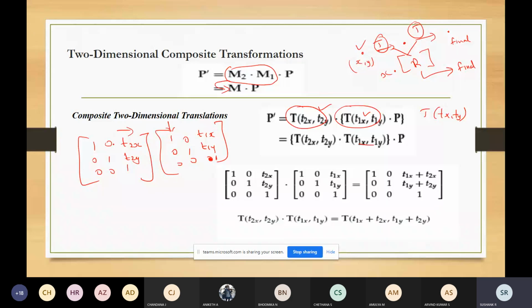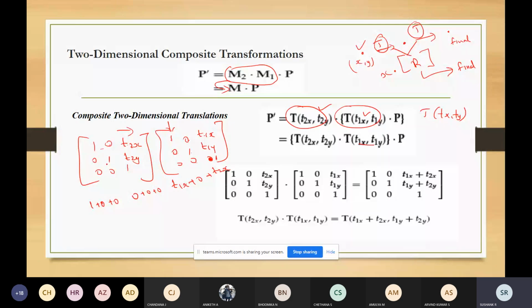1 into 1, plus 0 into 0, plus T2x into 0. It will be 1 plus 0 plus 0, first column. Anything multiplied will be 0 only. The second term: 1 into 0, 0 into 0, plus T2x into 0, so you'll get 0. Then 1 into T1x, 0 into T1y will be 0, plus T2x into 1 will be T2x.